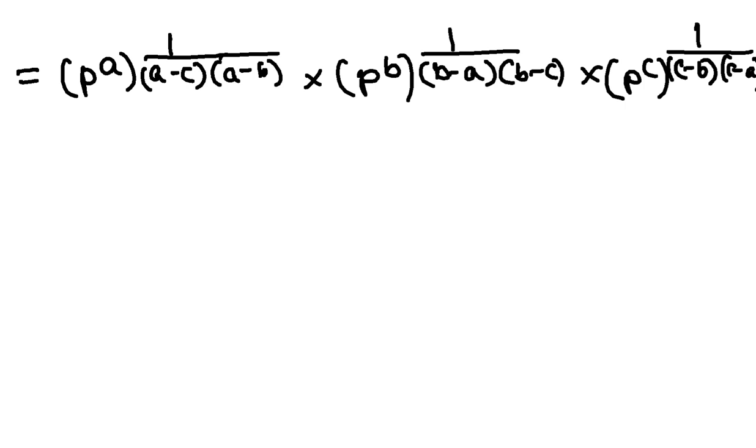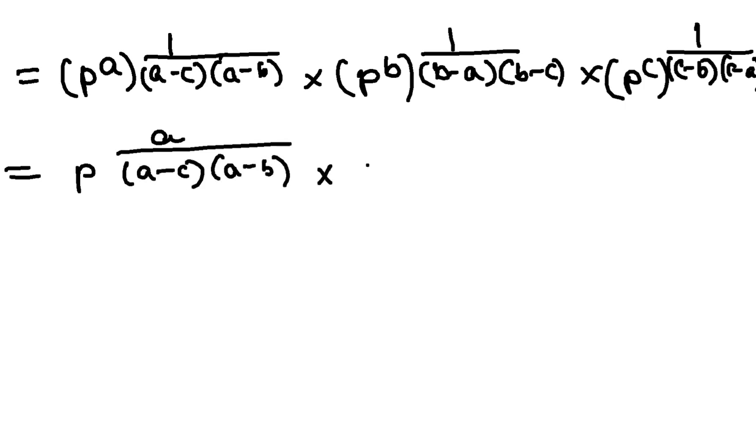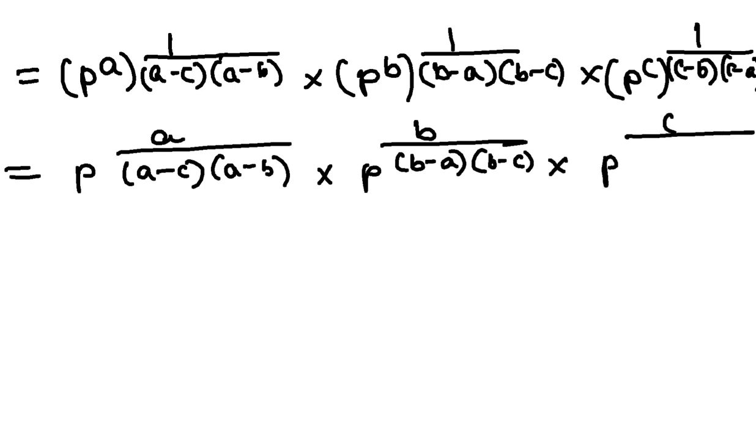Now this means p to the power a by a minus c a minus b, into p to the power b by b minus a b minus c, into p to the power c by c minus b c minus a.